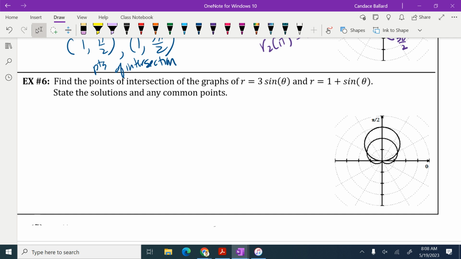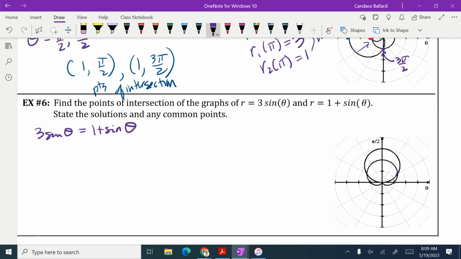Okay. All right, so let's look at setting them equal to each other and seeing if we can find this by hand. Now, the good news is sometimes on the AP exam, they tell us the points of intersection. So let's think about where this would go. I'm just going to preview this. What they might ask us to do on the AP test next year is, find that area.